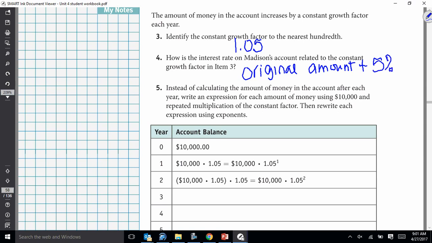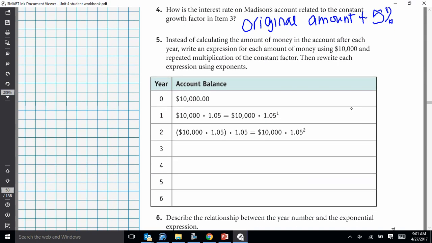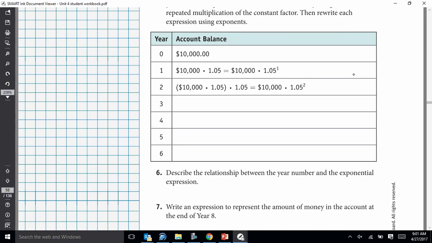Alright, so then this is taking that amount and it's kind of showing how exponents are playing in. So if Madison wanted to know how much money she would have if she left it in the account for 20 years, instead of going out and creating a table going from 0 to 20, which would be time consuming, even if we sped it up using the 1.05, this is going to break it down.